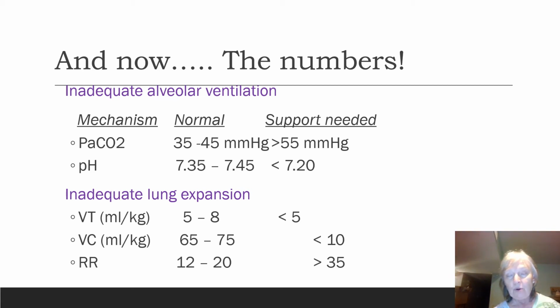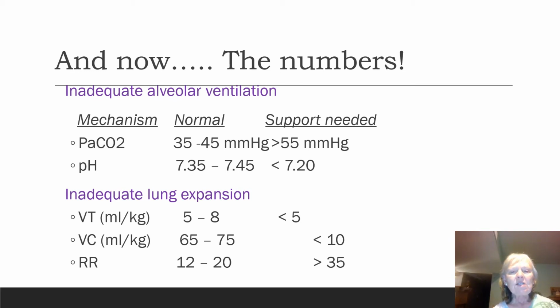Much easier to report this in liters at this particular point. Remember, the last name for this, just like the last name for tidal volume, is going to be mLs. The kilos actually cross out. Or in the case of vital capacity, it could also be liters, okay?